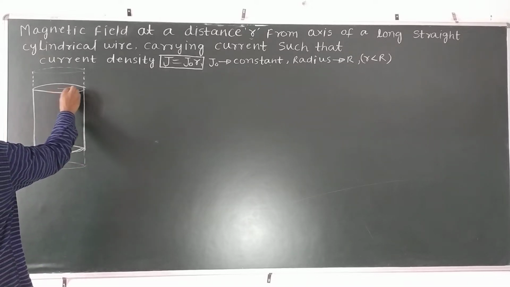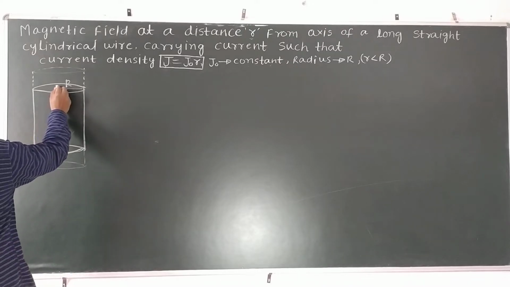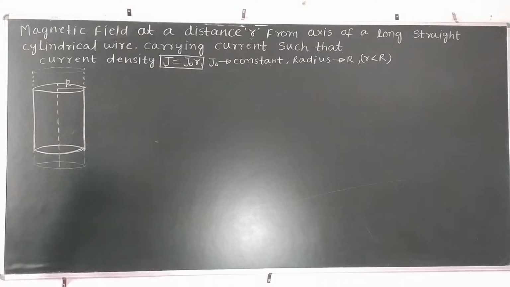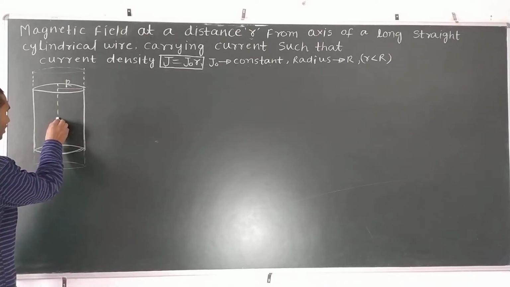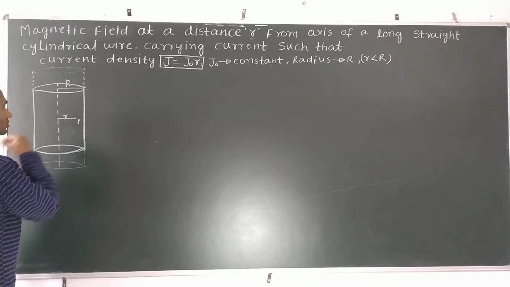This wire has a radius capital R, and this is the axis of the wire. We have to find the magnetic field at a distance small r at a point P.